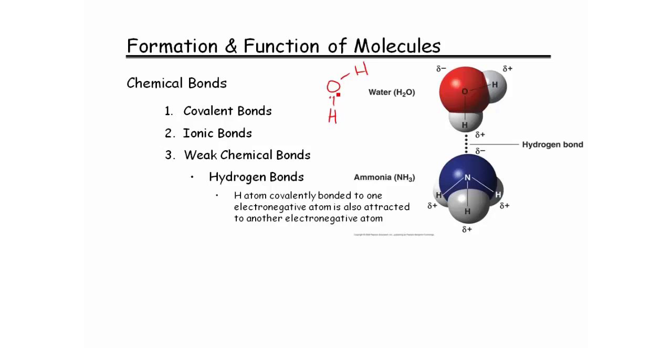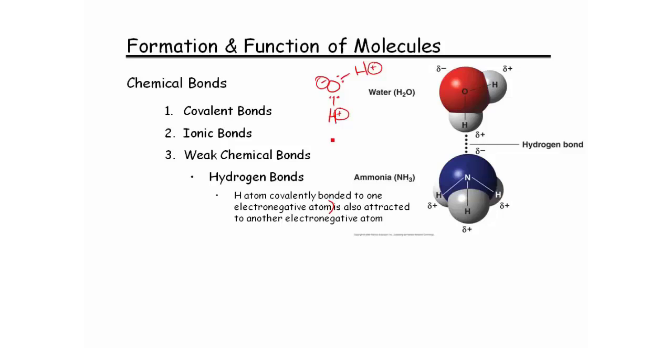So that means that our electrons would be up here, which is going to make the oxygen a little bit negative and the hydrogen a little bit positive, just like we discussed before. So that's the first part of the definition, okay, because if we stop right here, we have a hydrogen atom covalently bonded to one electronegative atom, which is the oxygen in this case. If you have that particular situation, it is going to be a polar covalent bond, and that will make the hydrogens a little bit positive.